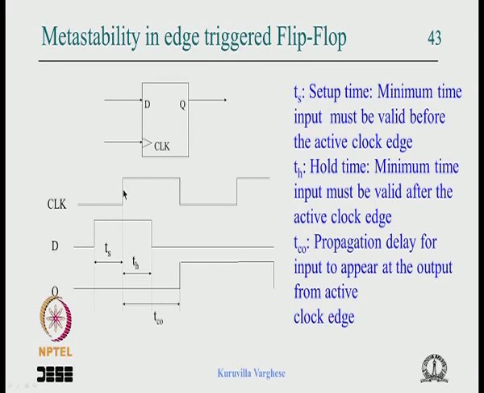Because when this edge comes and turns positive, the master input is cut off. Okay. But for the master latch to set, there is a cross coupled latch delay. Okay. So that delay before this clock edge is the setup time.